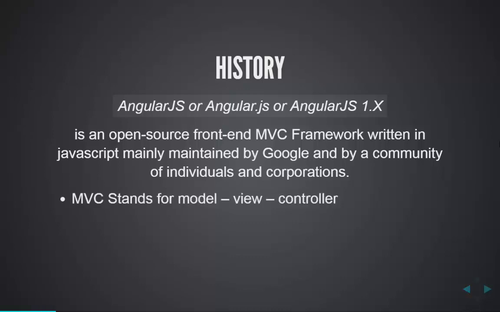Here MVC stands for Model View Controller. View is basically what you see on the browser screen, that is the HTML document. Model is the business logic, or you can say that the variables used inside our application are known as the model.